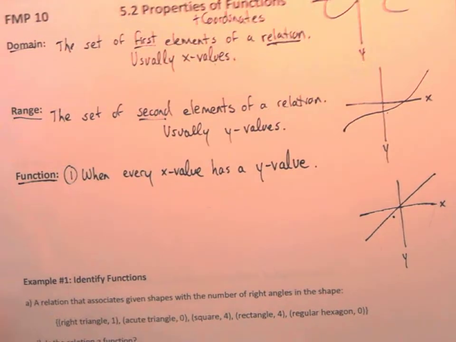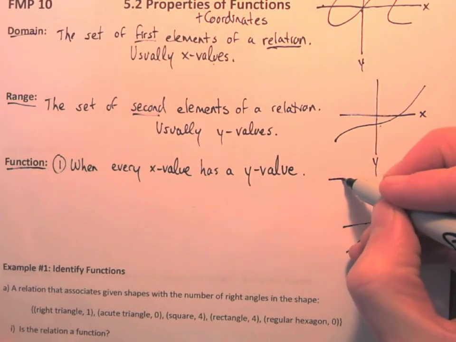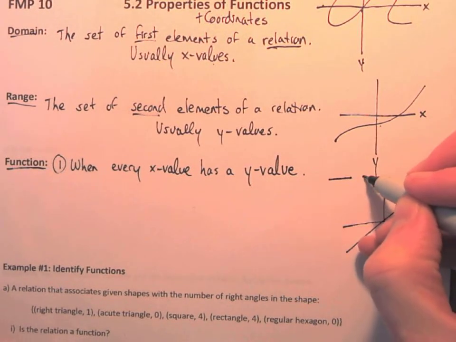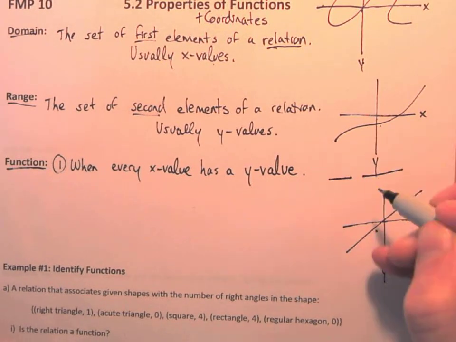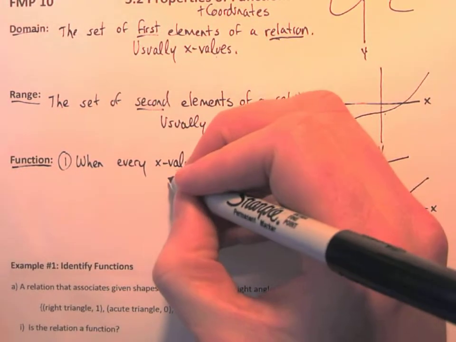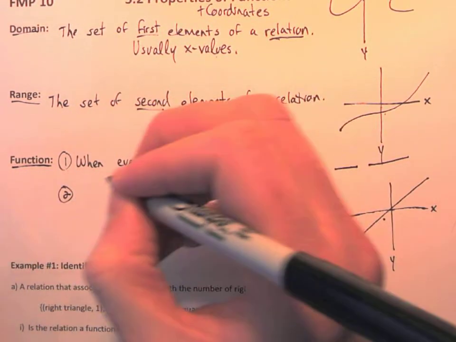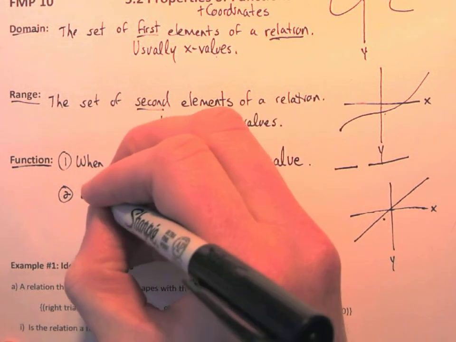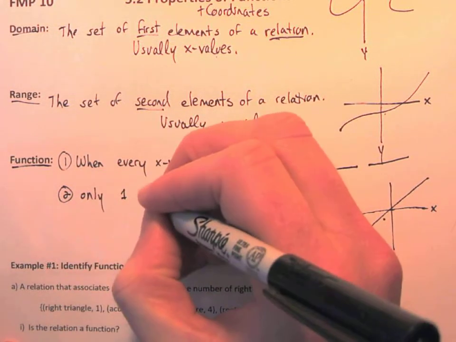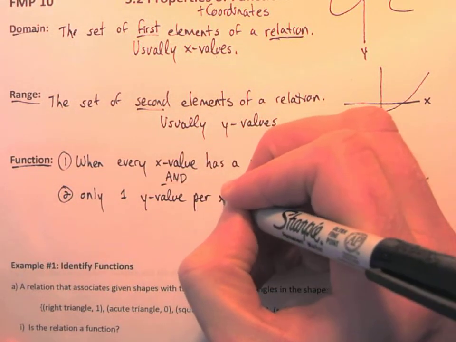An example of one that would not is maybe a line that has nothing, and then continues like that, like a gap in there. So that's one thing that functions have to have, and you also have to have only one y value per x value.